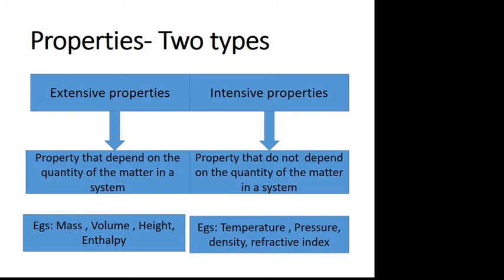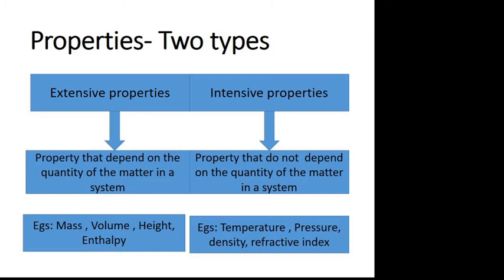Or just remember that you are having a glass of water, 50 ml water. It will have a temperature and pressure, and the volume is 50 ml. You are going to divide it into two parts. What happens? The temperature and the pressure of the water remain the same, but the volume will be divided in half.